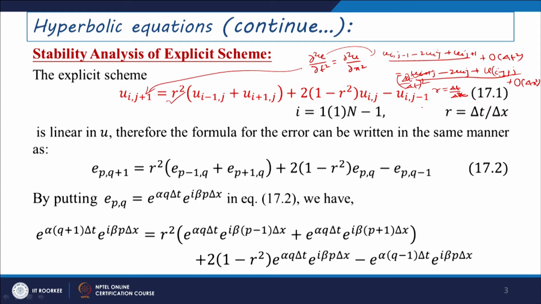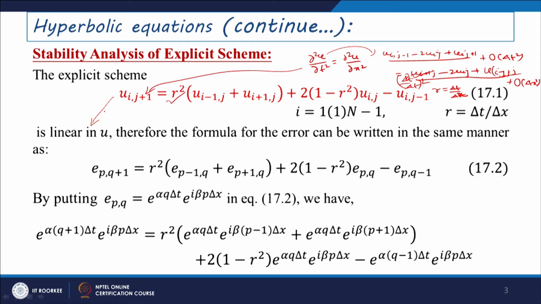So, this equation is a linear equation in u. Therefore, the formula for the error can be written in the same manner as we defined in the earlier lectures for parabolic and elliptic equations. So, the error term can be written in the form e p q plus 1, where u is the numerical solution and u star is the approximated solution.